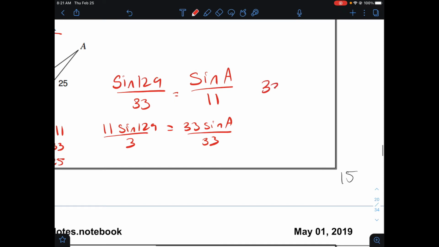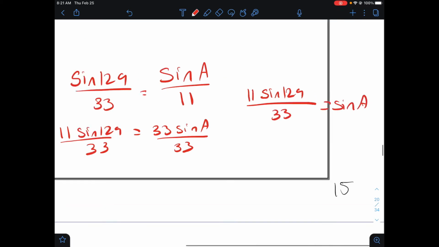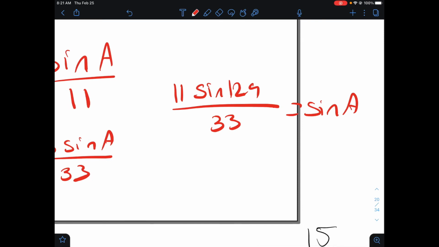So we get 33, we end up with 11 sine of 129 all over 33 equals sine of A. Now you're probably looking, you're like, well, how the heck do I solve for A here? Well, what you're going to do is you're going to do sine inverse of this entire thing. In order to get A by itself, you're going to do sine inverse.